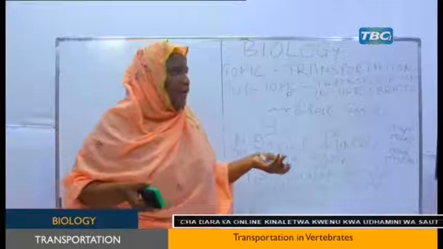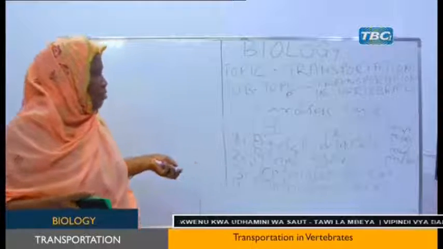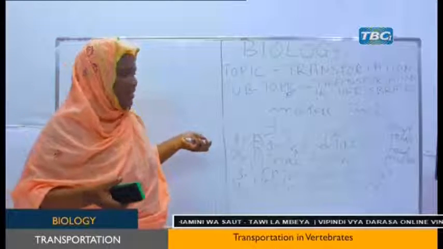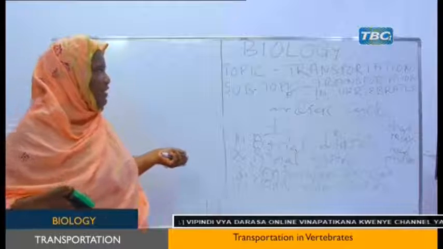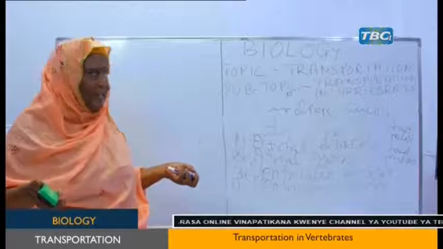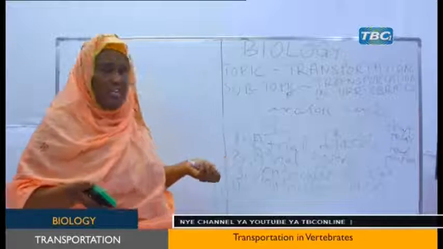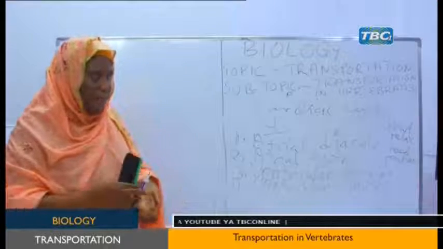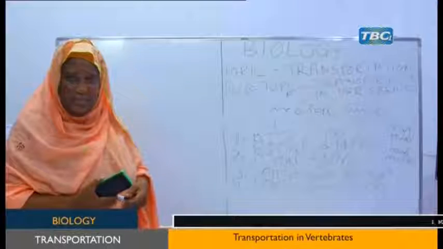Okay. Up to here, let me conclude my lesson by saying that today we have discussed several aspects based in this subtopic of transportation in vertebrates. We started with the structure of the heart.